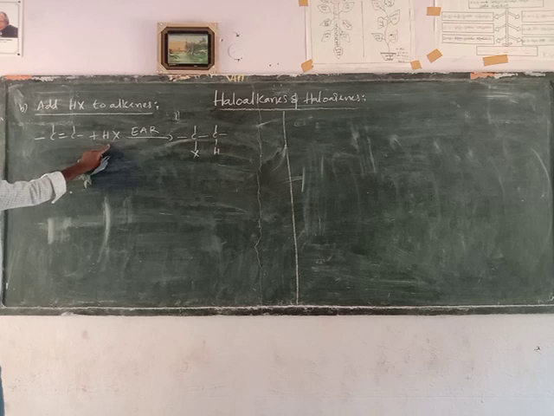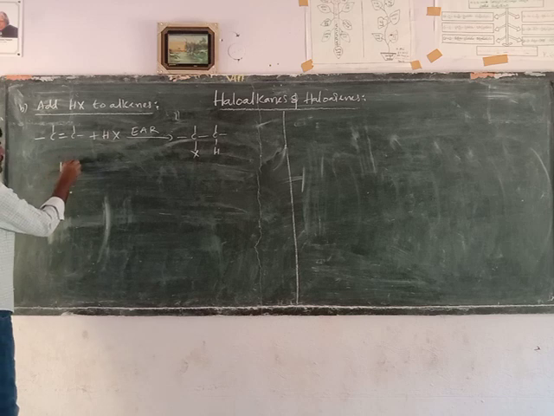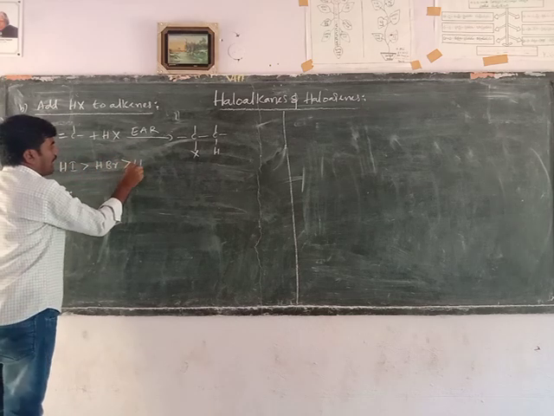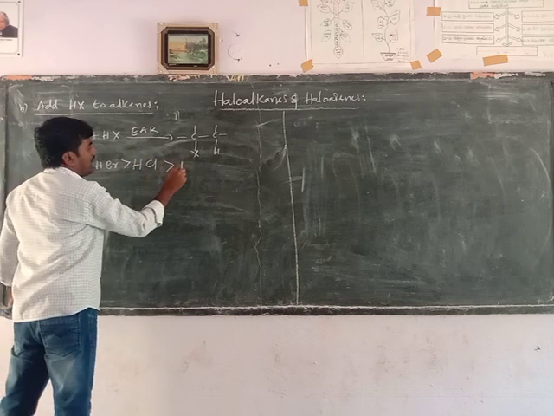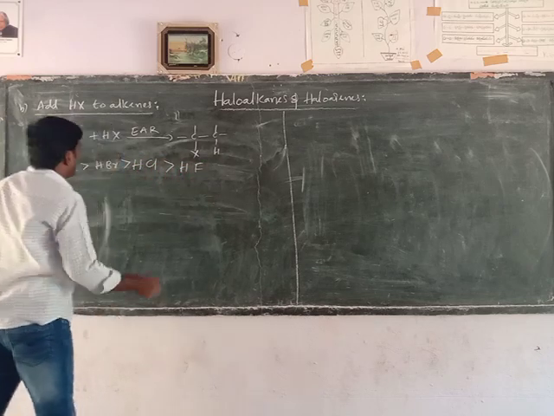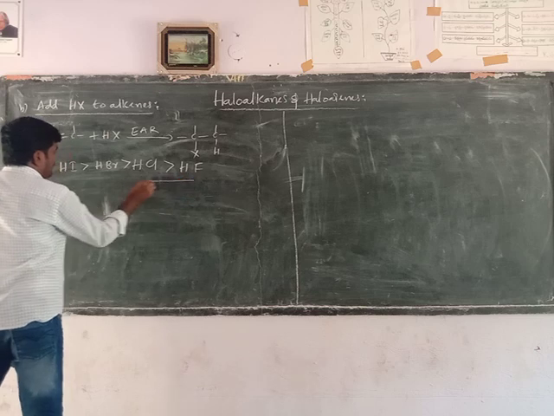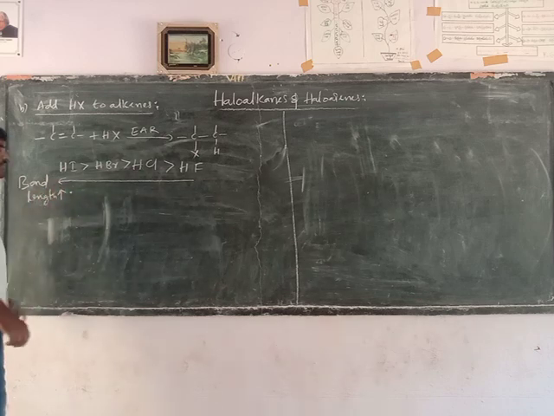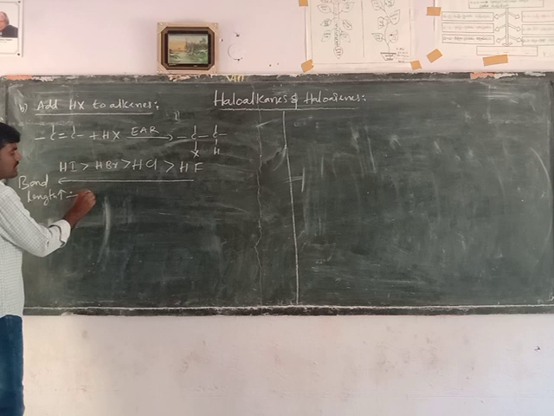The reactivity of hydrogen halides towards alkenes is: hydrogen iodide is greater than hydrogen bromide, which is greater than hydrogen chloride, which is greater than hydrogen fluoride. In this direction, bond length increases. As the length of the bond increases, reactivity also increases.